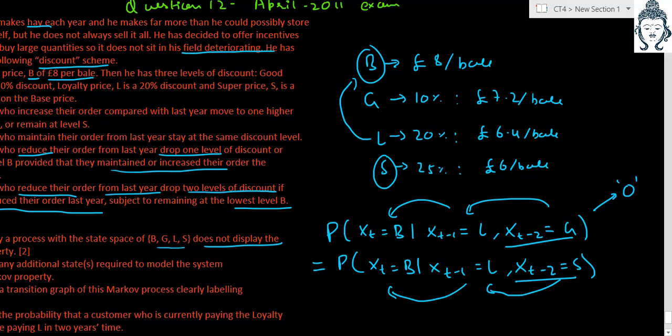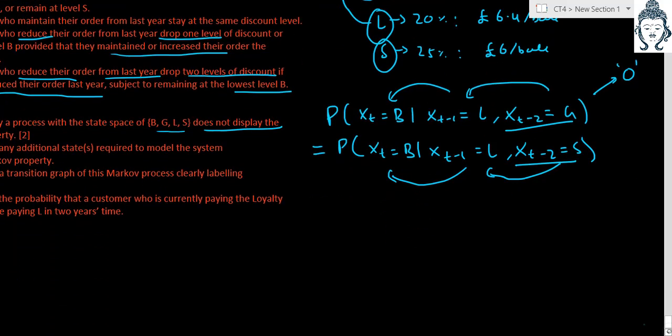That is what it means. So there couldn't have been a reduction if you are at S. If you are at B, you cannot fall anymore. If you are at G, you can only fall down one level. The only state we need to modify is L, because from here you can fall down one level or two levels, right?